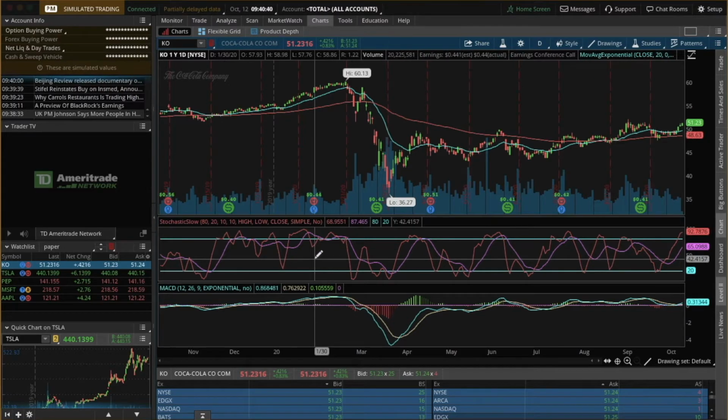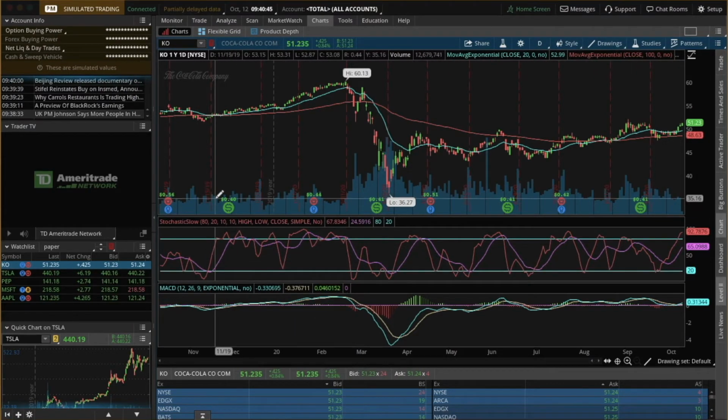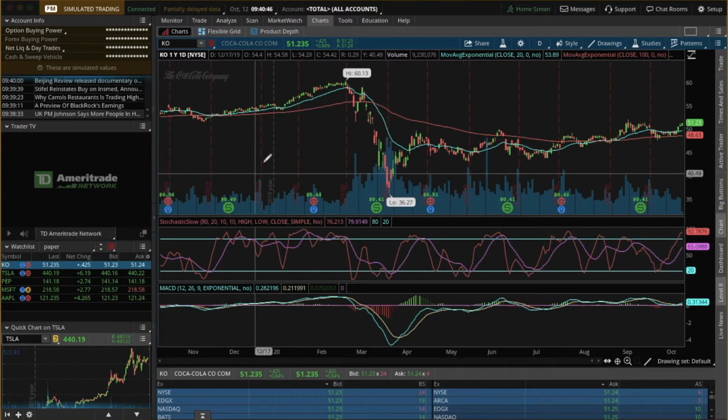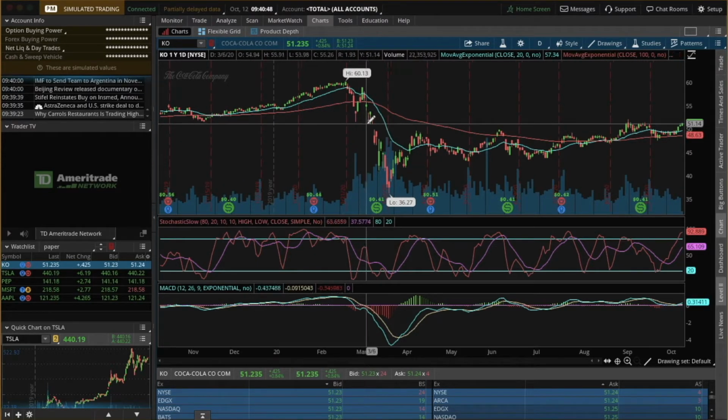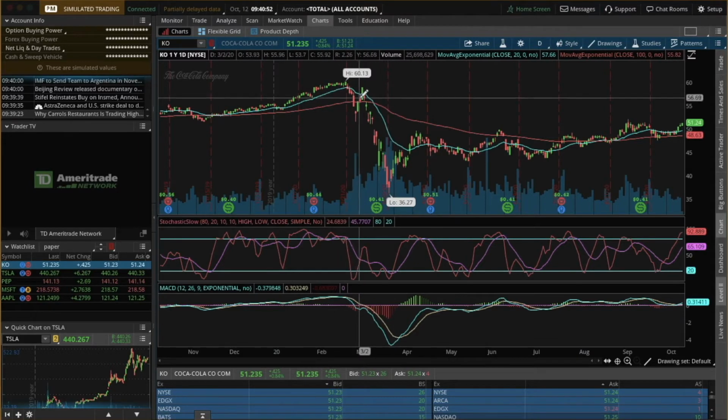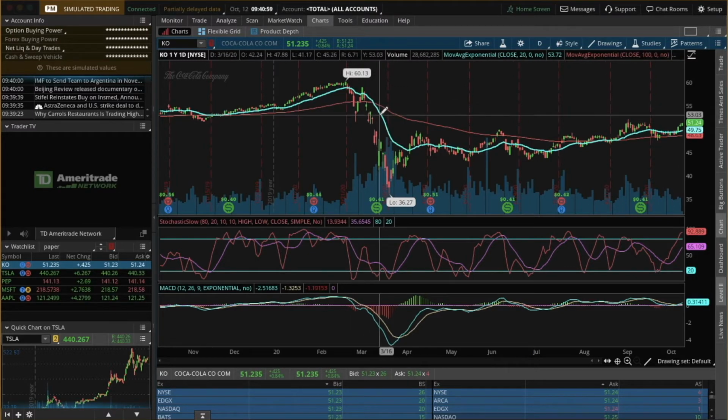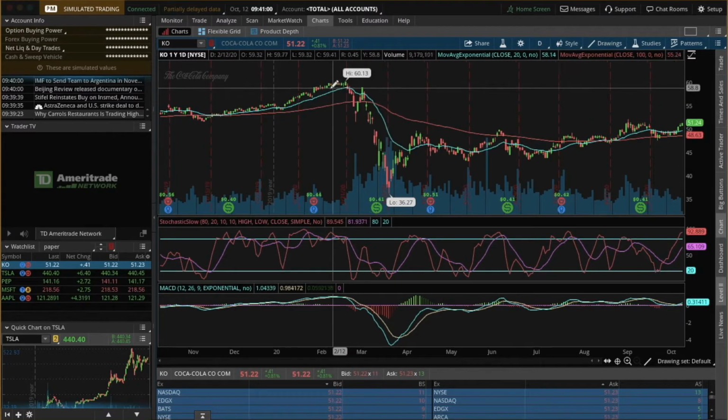Now, MA stands for moving average and EMA stands for exponential moving average. A moving average takes the average of the trailing closing prices depending on how many prices you want to look at. A 20 EMA, of course, then would look at the average of the last 20 closing prices.